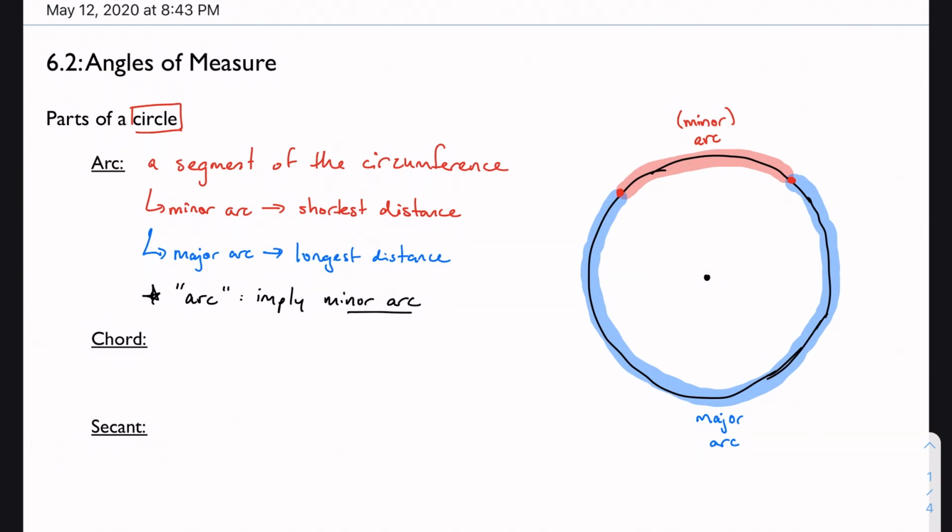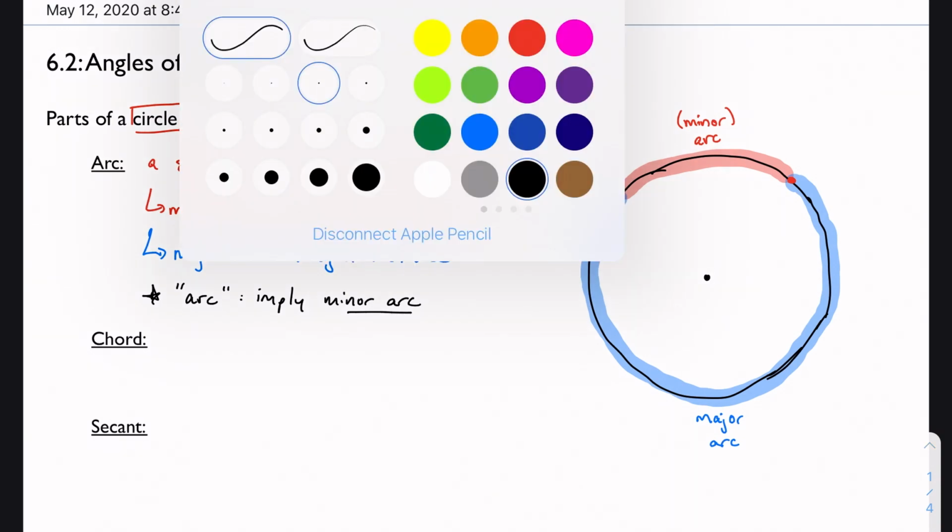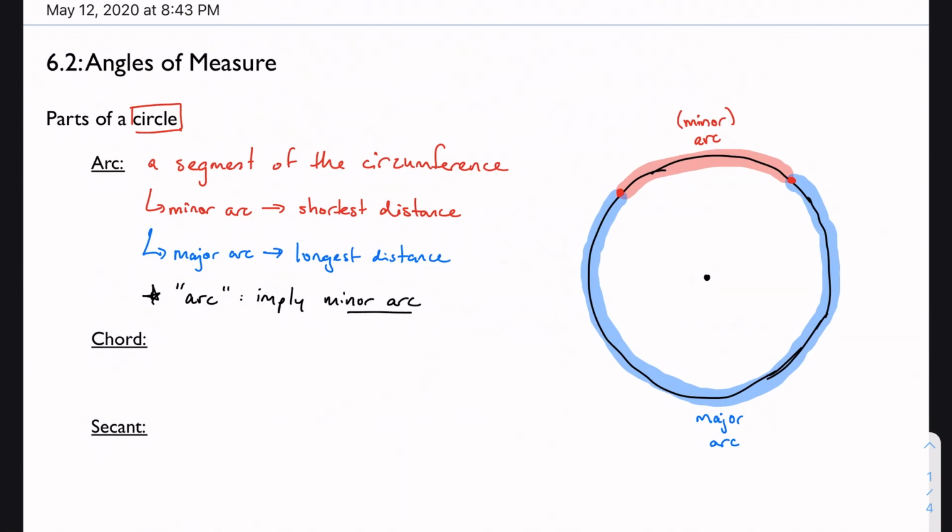So another important part of this is a chord, and a chord is just a segment that joins 2 points on the circumference. So if I have these 2 points here, I can connect them, I have a chord.